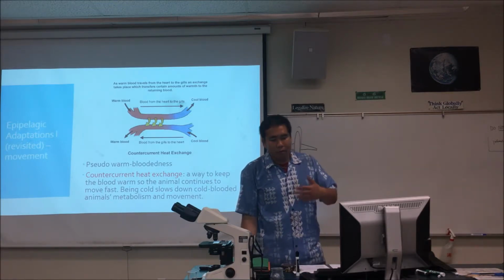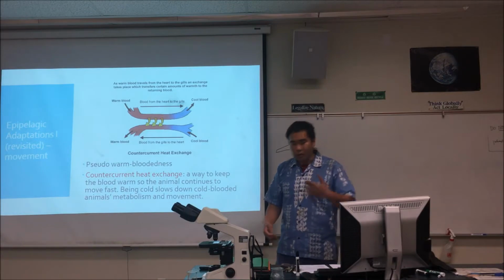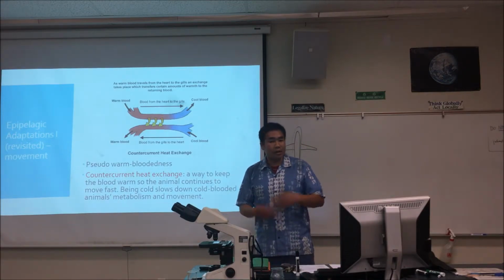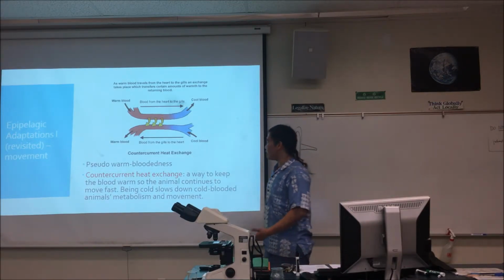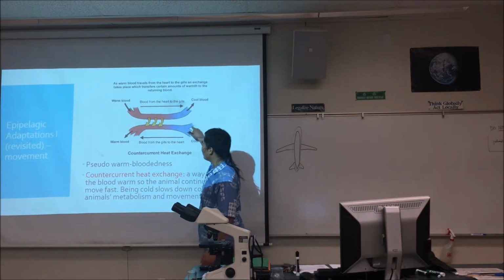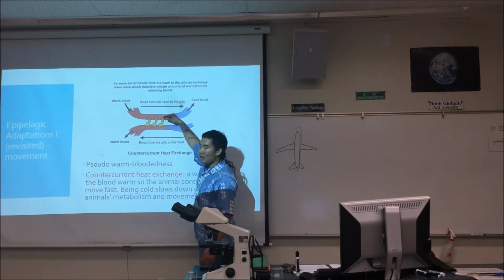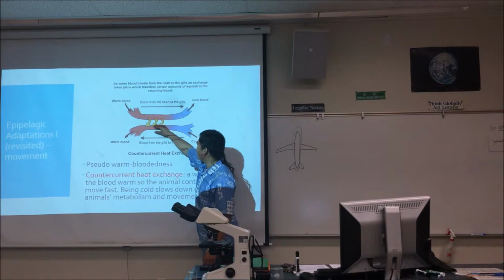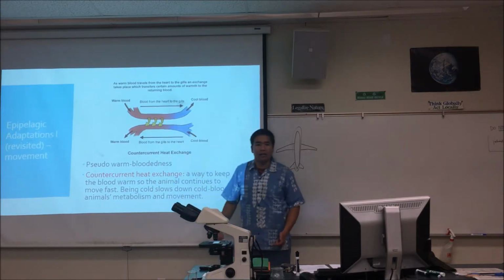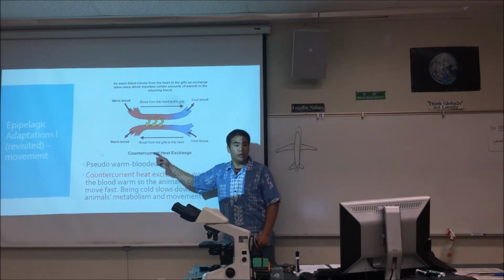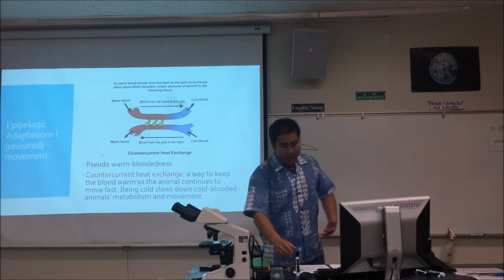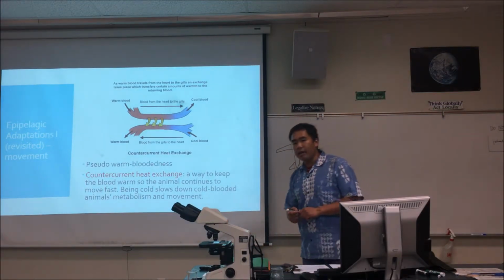If you send warm blood to your gills, then you lost heat. But if you send cold blood to your gills, then we're good. So in order to send cold blood to your gills, you take the warmth here and you pass it down to this blood vessel that's coming back in. That's really cool, right?